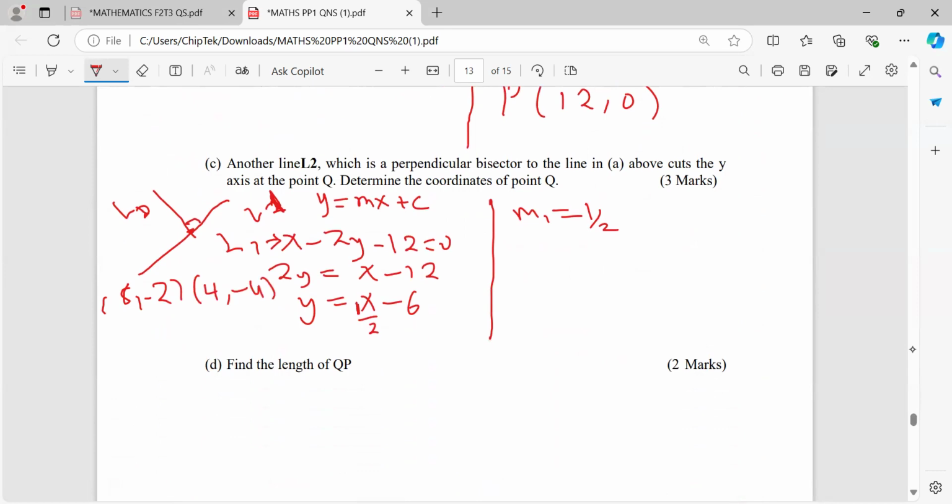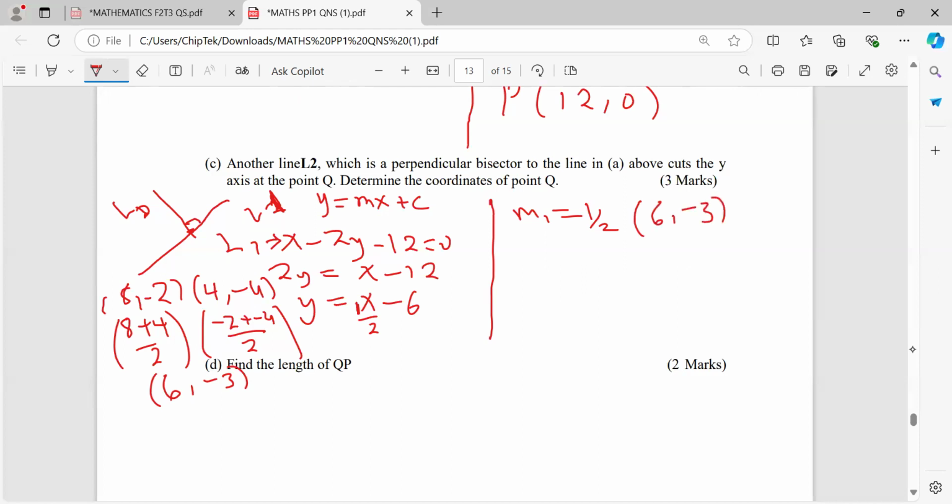So tutachukua x1 plus x2, so 8 plus 4 divided by 2, na negative 2 plus negative 4 divided by 2. So hapa itakuwa 12 divided by 2 ni 6, comma, negative 3. So your point here ni 6, comma, negative 3.